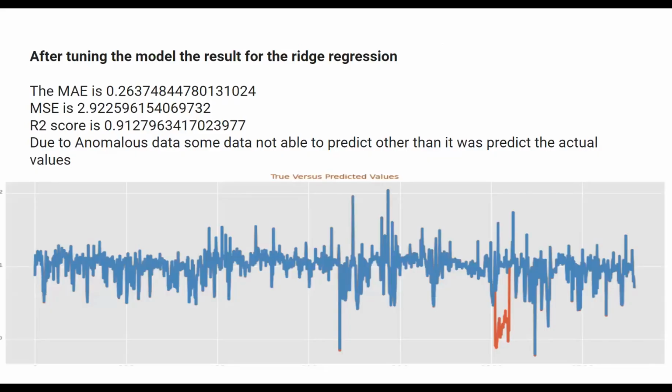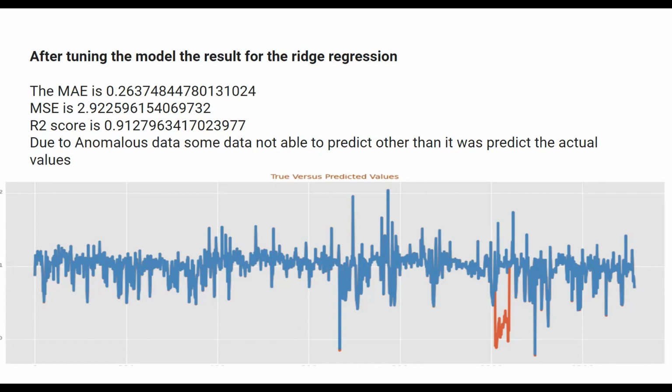After tuning that model, we got a mean absolute error of 0.26, mean square error of 2.922, and R2 score of 0.91.